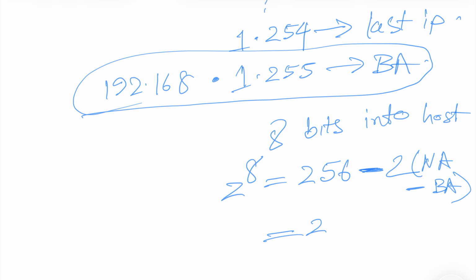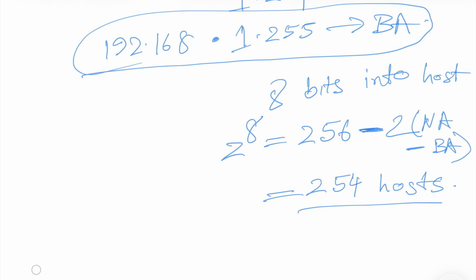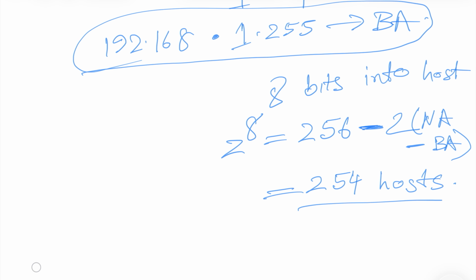So it comes to 254 hosts. If you are asked, from this range of class C, how many host IPs you can practically assign to machines, that's the number, 254 hosts. It's applicable for all the other classes, for class B and class A. I hope this message is very clear to you.